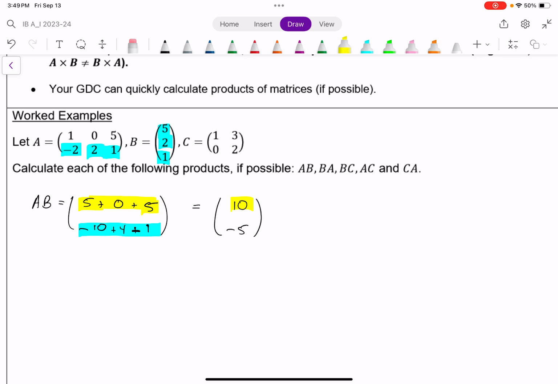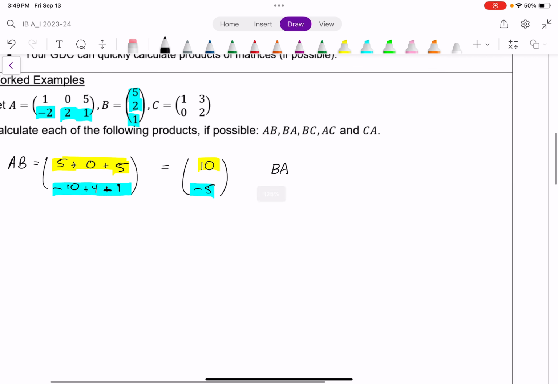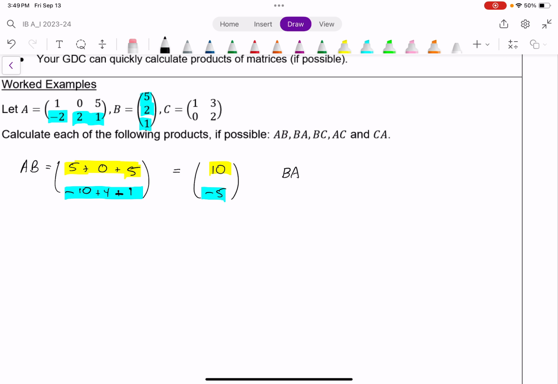For us to be able to multiply 2 matrices together, as we go across one way, it has to match up with how far down we're going the other. Otherwise, it's not possible, which we'll see in the next one. BA is not possible. Let me show why. If I want to multiply these together, I would start with 5 times 1.